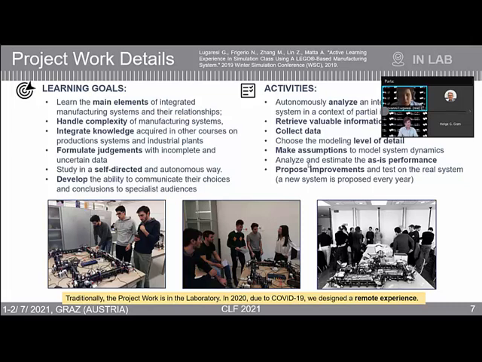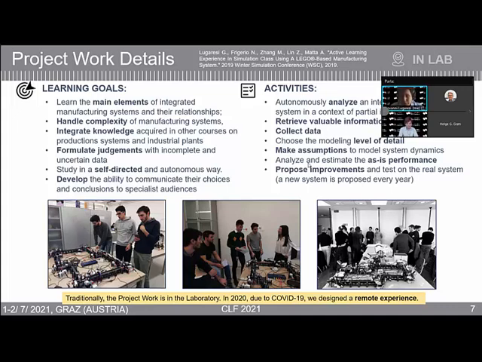What activities did they use to do in the lab? In the lab they could collect data, retrieve information from the system, also from simple observation, and ask information also to the trainers, which are myself and my colleagues.